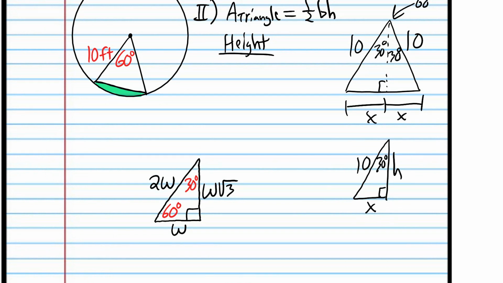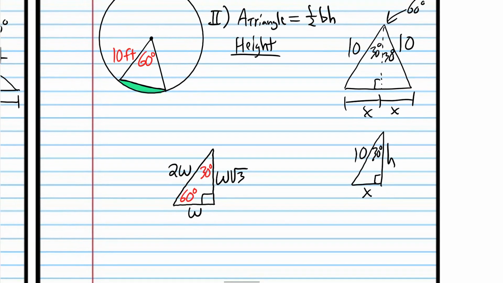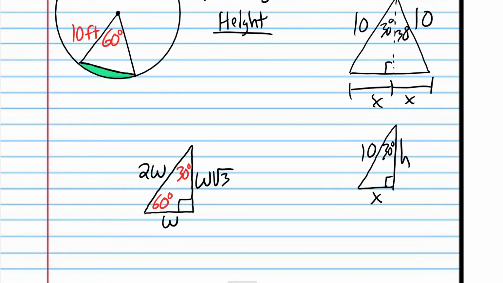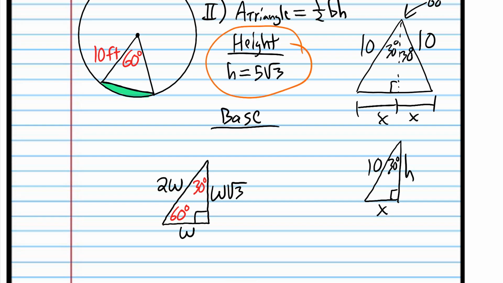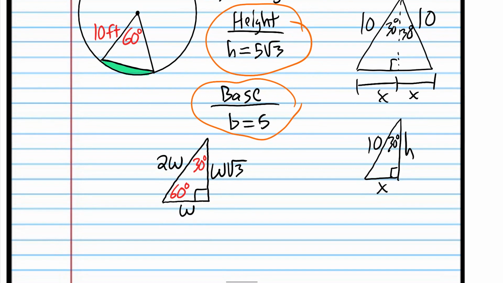So the side opposite 30 must be 5, so that's x. And the height is going to be 5 times root 3, because again, we know w is 5, so the side opposite 60 must be 5 times root 3. So the height is 5 root 3, and the base is just 5. There's really not a lot of work to show there because we can use these special triangles.